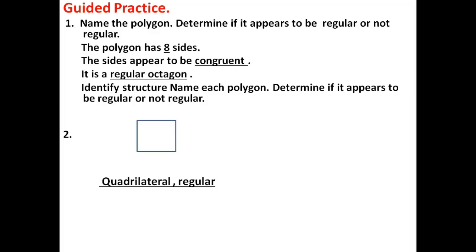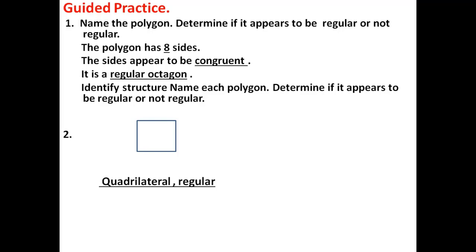Hexagon: a figure or shape which has 6 equal sides is a regular hexagon. But a shape with 6 sides, not all sides equal, we can say it is not a regular hexagon.